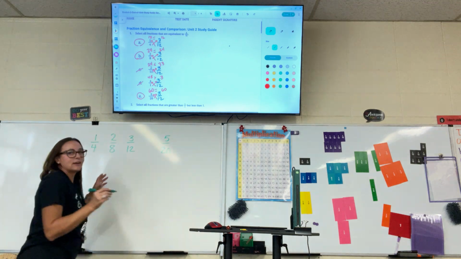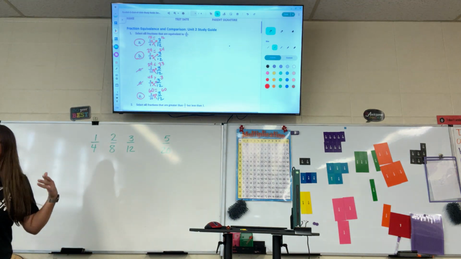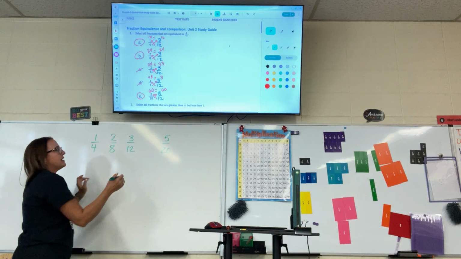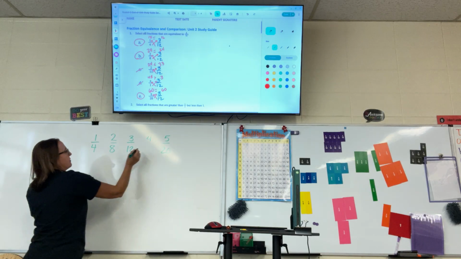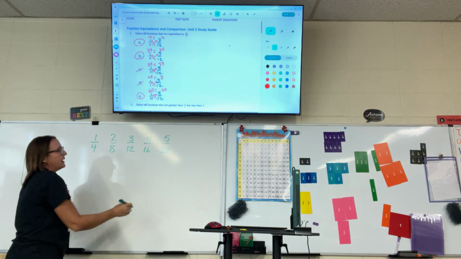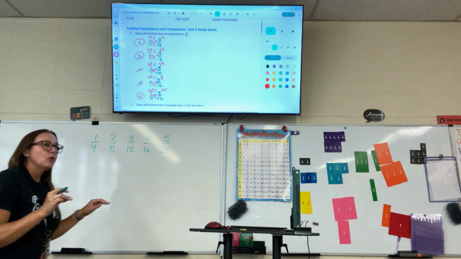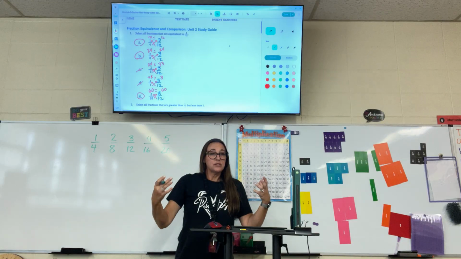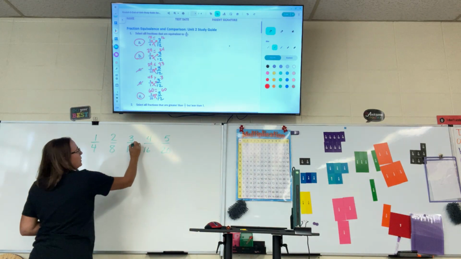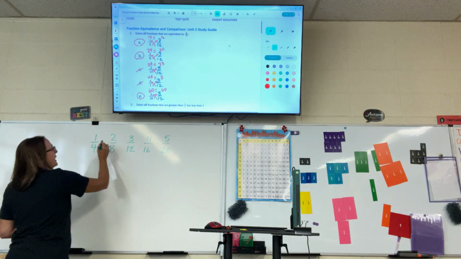So remember, equivalent fractions follow a pattern. So 1, 2, 3, what's missing here? 4, 5. And 4, 8, 12, 16, 20. So, you know the thing, if you do it to the top, you do it to the bottom. Well, there's nothing that we can multiply 3 times and get 5.